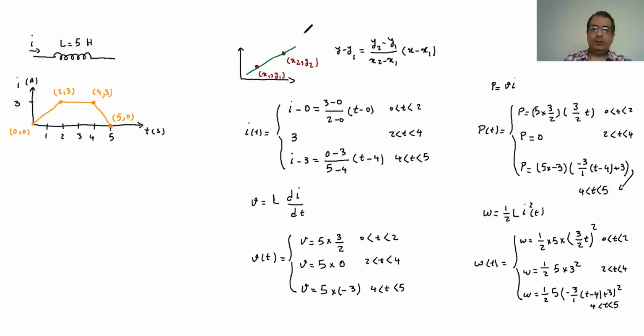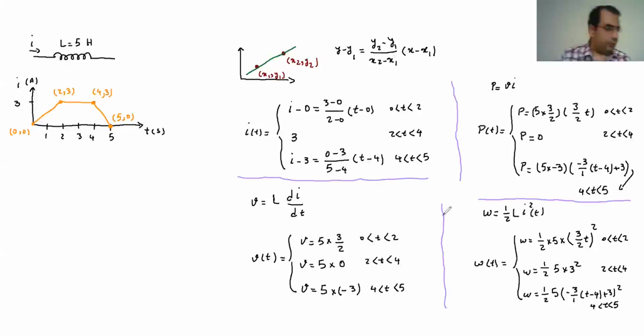So I can calculate them, and then let me separate them. So first we calculate the I, then from the I we can calculate the V, then we can calculate the P, and then eventually we can calculate the energy in these cases.